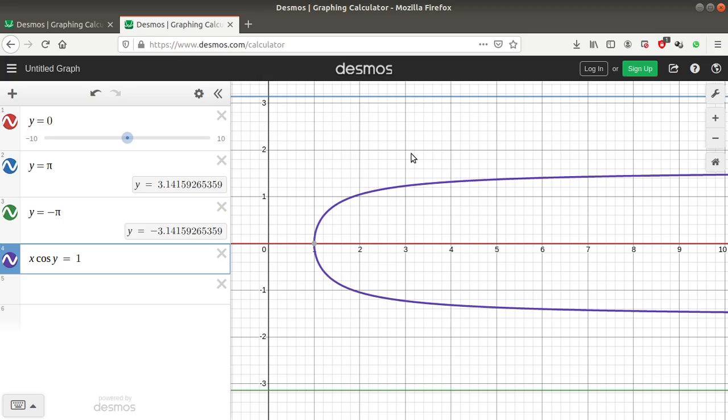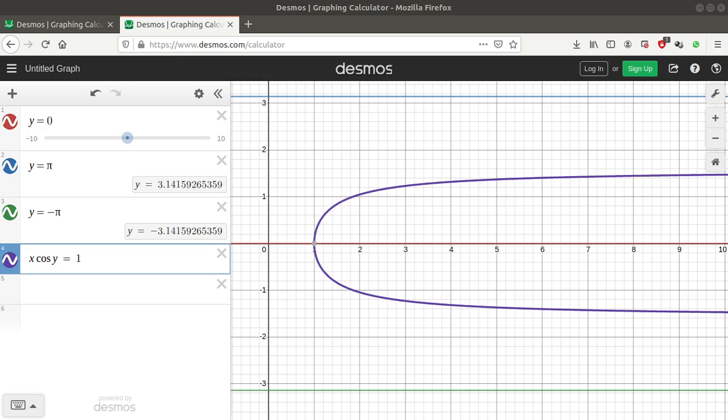It's a pitchfork bifurcation, and if you analyze the stability of these branches, you will also find it's a supercritical pitchfork bifurcation.